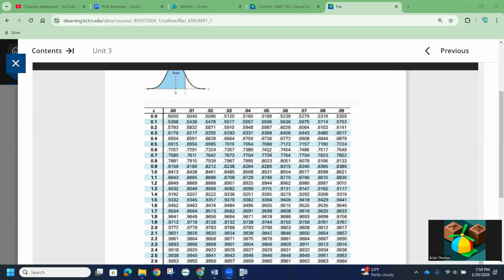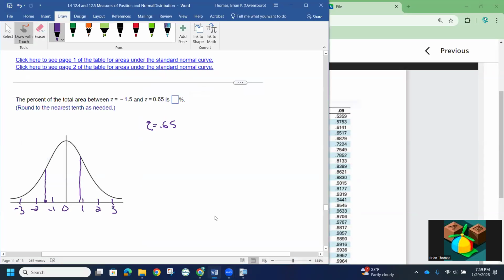So I need to note 0.7422, which is the percent in the form of a decimal. Notice that's the area from all the way over here to this point.